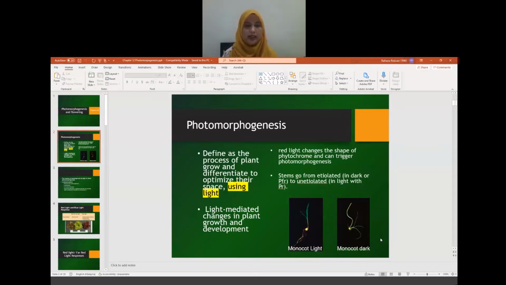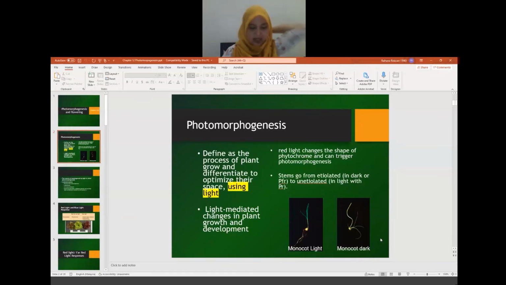So this photomorphogenesis can be defined as the process by which plants grow and differentiate to optimize their space using light. In other words, these are the light-mediated changes in plant growth and development.